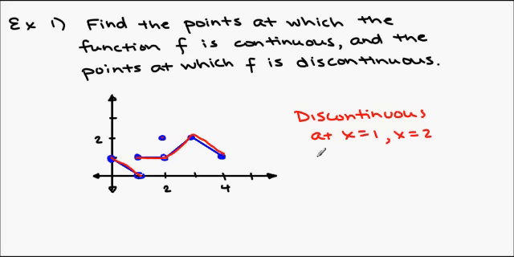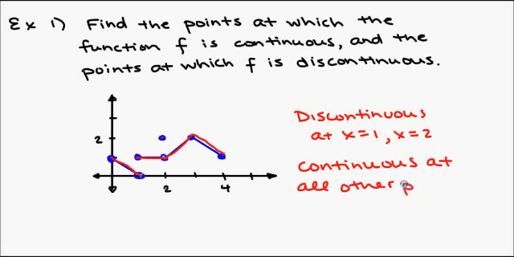So these are the points at which it's discontinuous, and it is continuous at all other points in the domain, which is 0 to 4 inclusive.